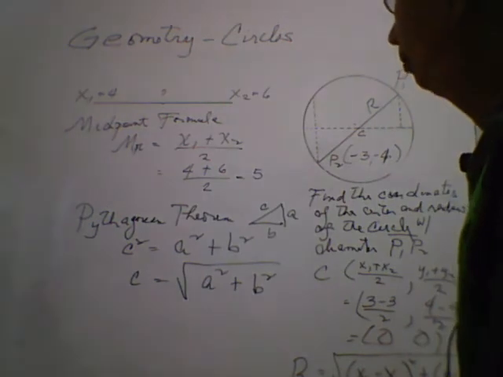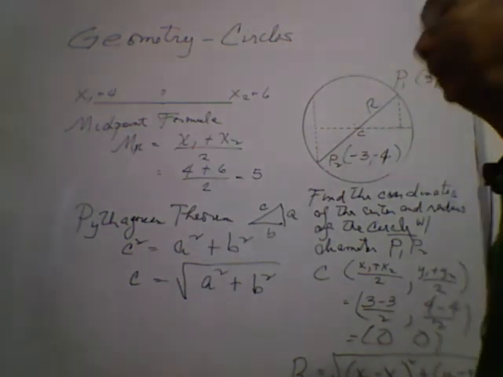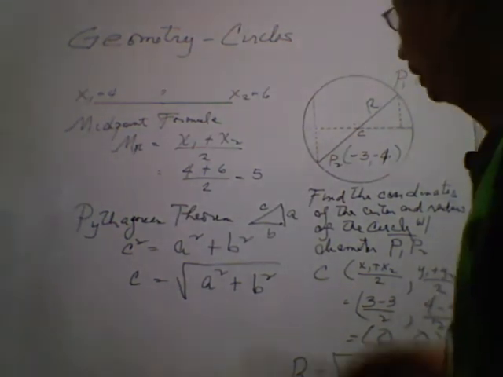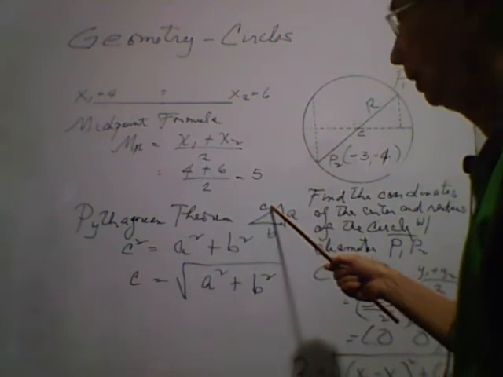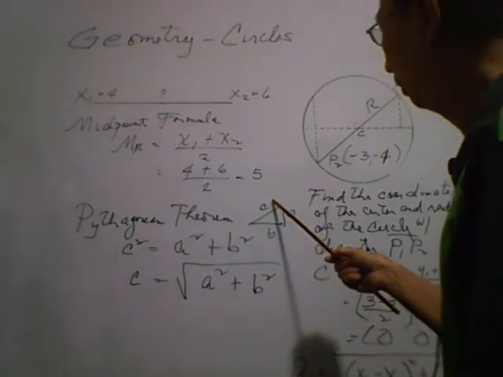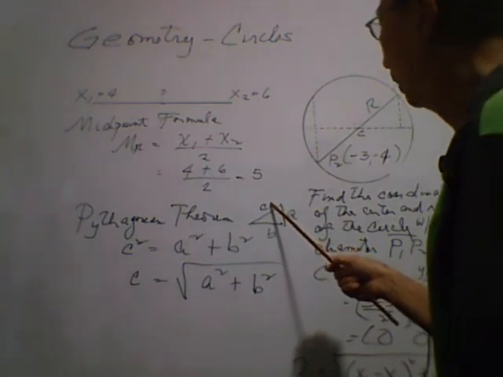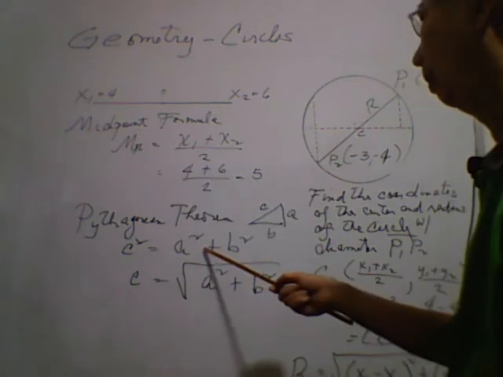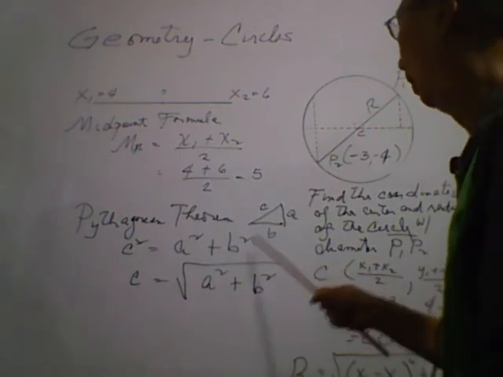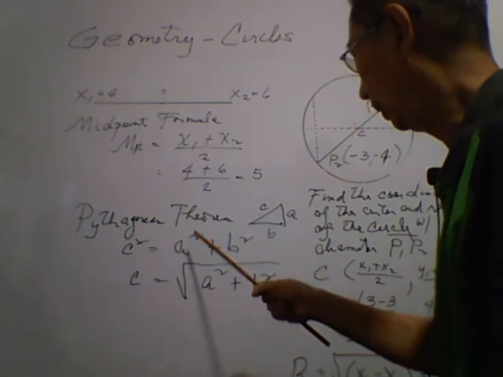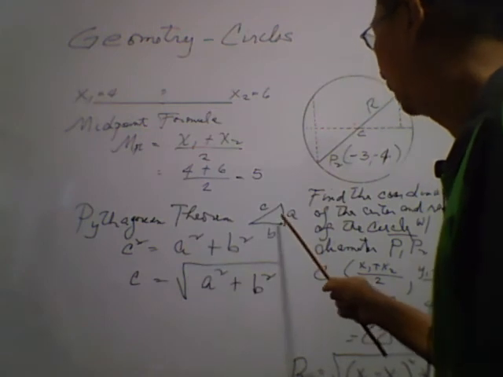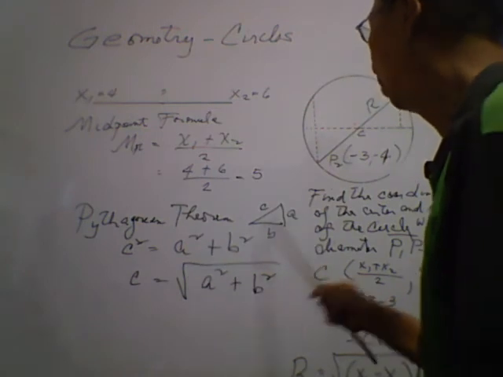And we'll also review the Pythagorean theorem, which states that the hypotenuse, which is c, c squared, if we square that one, will be equal to the sum of the squares of both legs, the opposite legs here, which is a squared plus b squared.